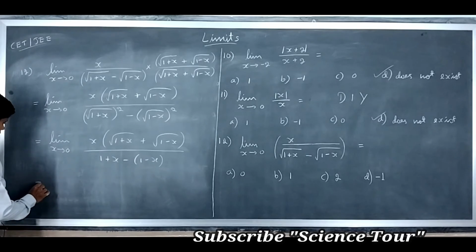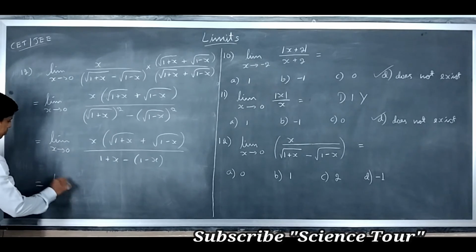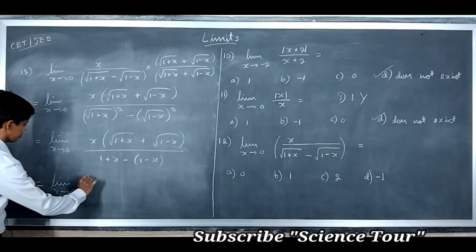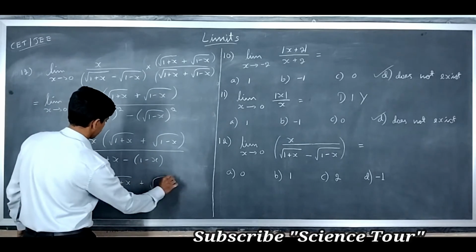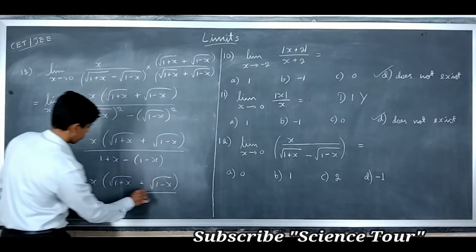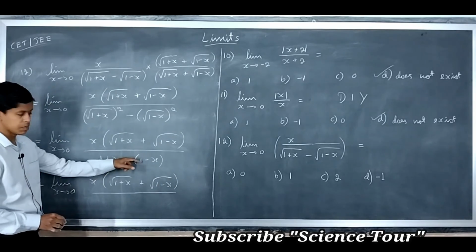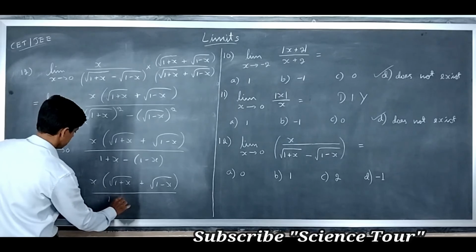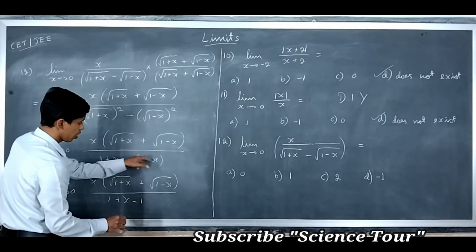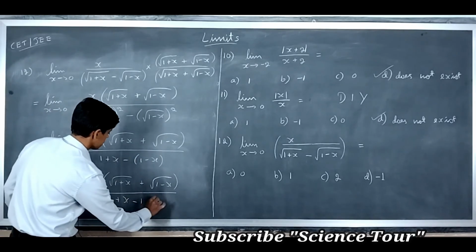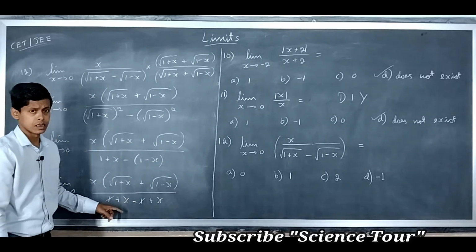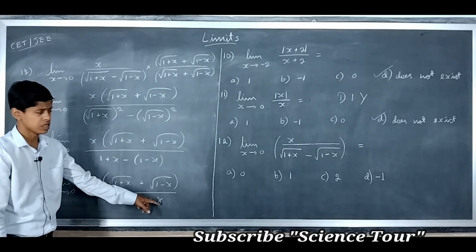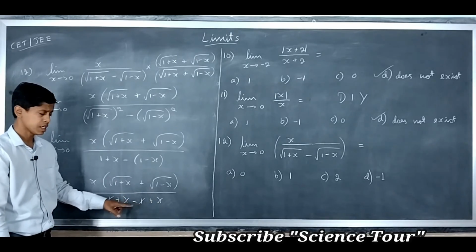Next. Now what do you do? Multiply minus. So this is 1 plus x and minus 1 and minus plus x. So here 1 and minus 1 cancel each other, and x plus x is 2x, correct?